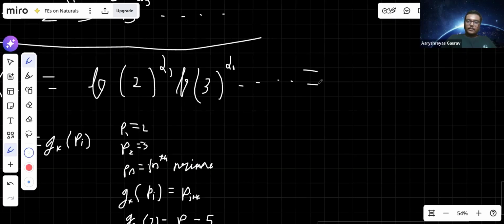I can write it as 2 to the power alpha 1, 3 to the power alpha 2. Or I can just shift it. Well, are you getting my point?